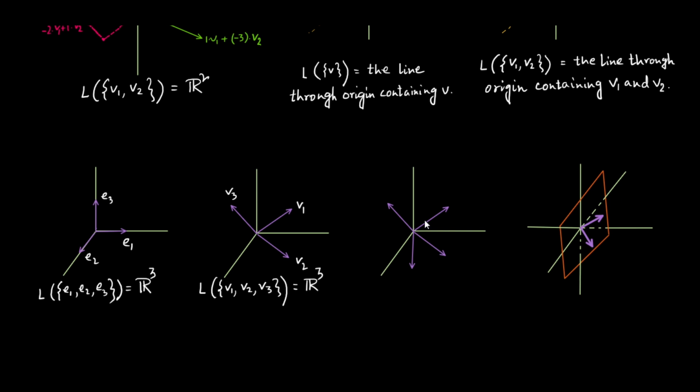You can create in a similar way any vector by taking a suitable linear combination of these three vectors in R3. So the linear span of these three vectors also will be R3, and the point to note is that none of these vectors as drawn are coplanar.